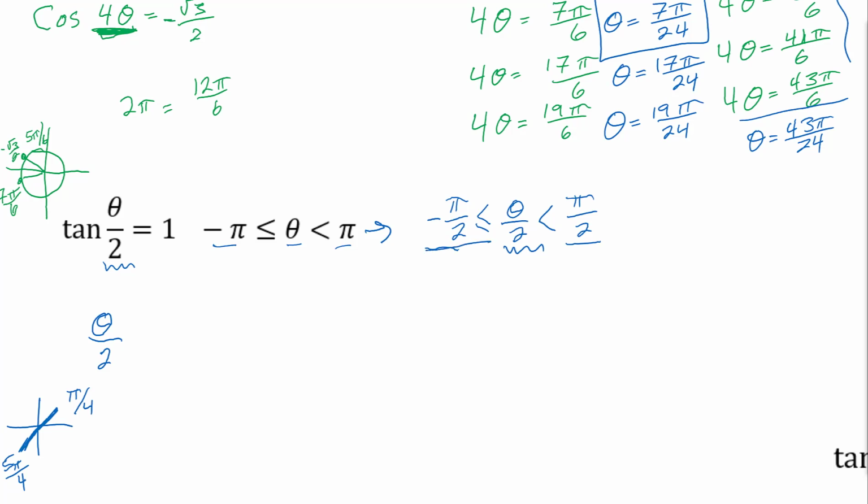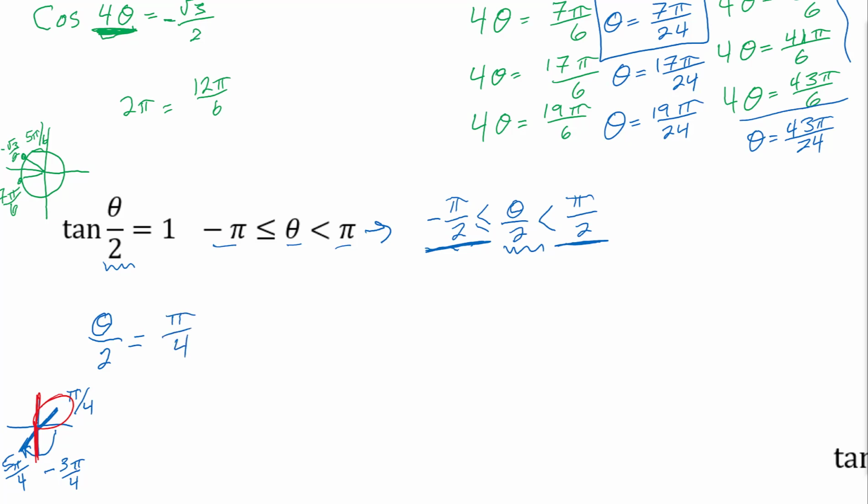Since we're only looking from negative pi over 2 to positive pi over 2, this 5 pi over 4 is co-terminal with negative 3 pi over 4, and that's too far in the negative direction. So there's only one value for which we have an answer. Theta over 2, the thing we're taking tangent of, has to equal pi over 4.